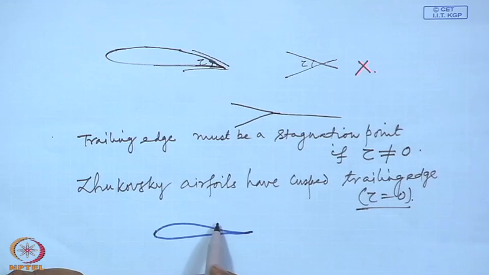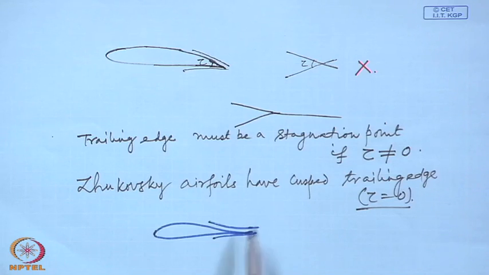Now, the streamlines on the upper surface and lower surface, you see they are not intersecting. They are parallel to the airfoil surface. The upper surface streamline is parallel to the upper surface, the lower surface streamline is parallel to the lower surface, and the upper and lower surfaces of the airfoil are parallel to each other, meaning that these two streamlines are also parallel to each other.